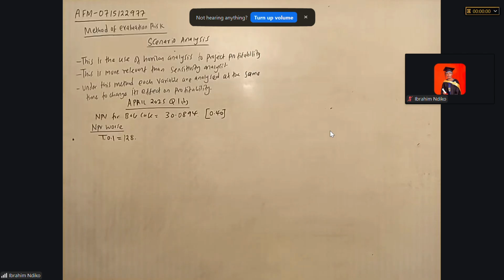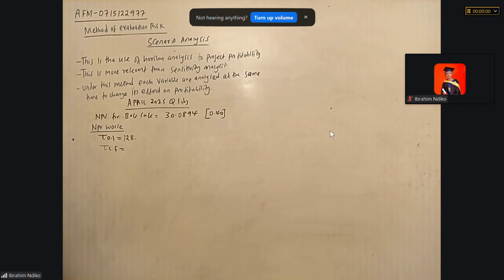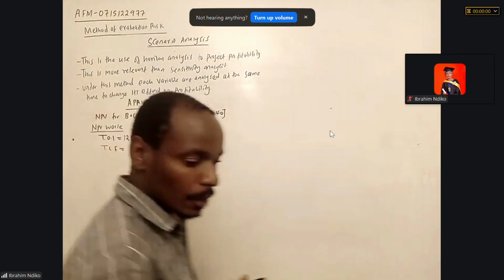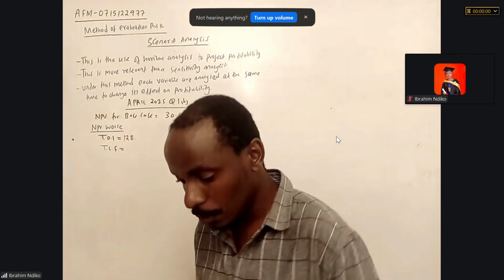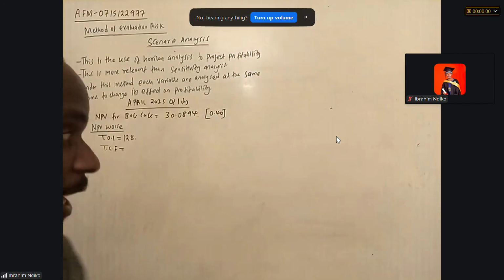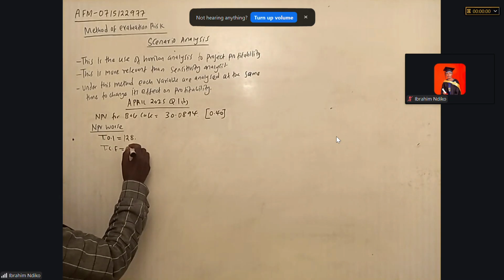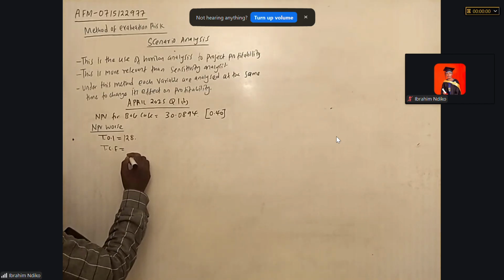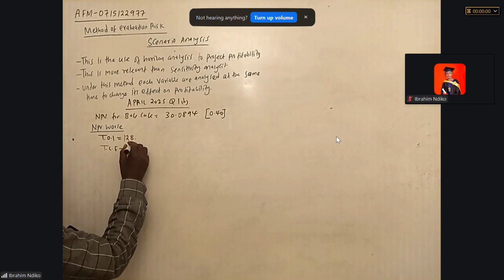Now let us see the savings. We have terminal cash flow. Even the terminal cash will remain the same. Now it depends on the question. We have been given net operating working capital, which for us is 6.4 million.